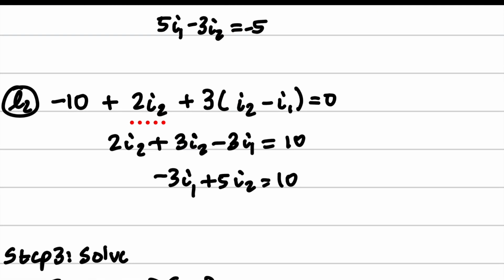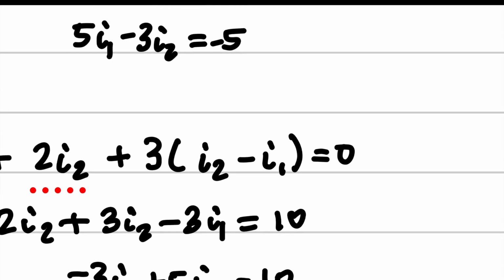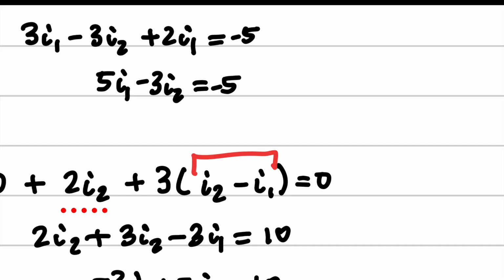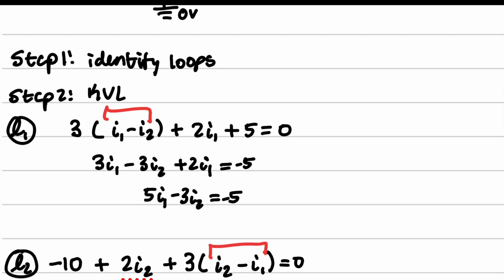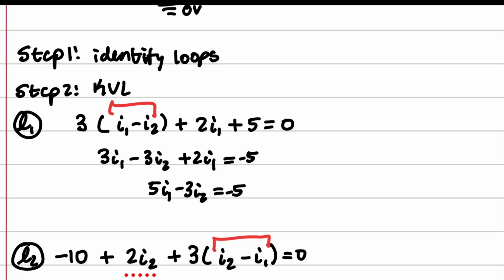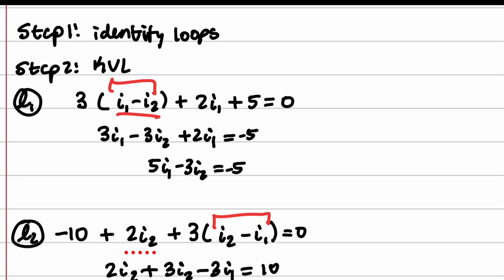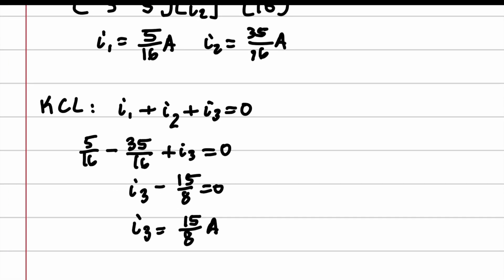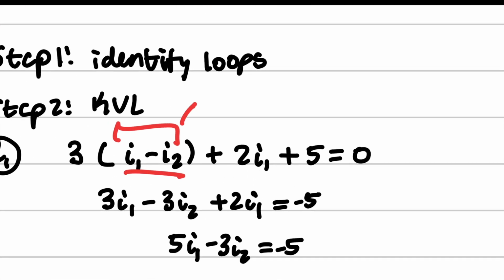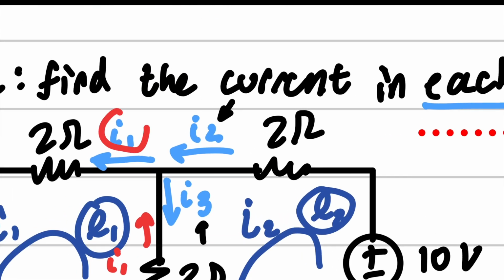Now, technically, you could use the interpretation in here. However, there is a problem with that. And the problem is, which one do you choose? This one or this one? I would just straight up use KCL to determine this because this is the surest fire way. This way, you could choose one and get a different answer because the relationship between I1 and I2 was not arbitrary, right?